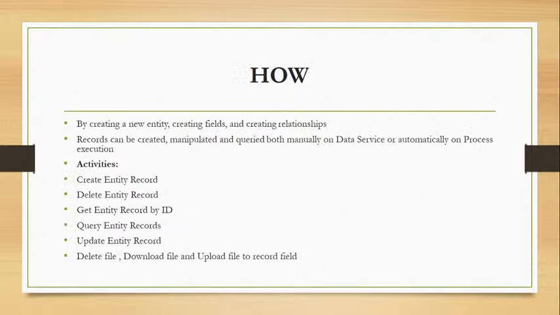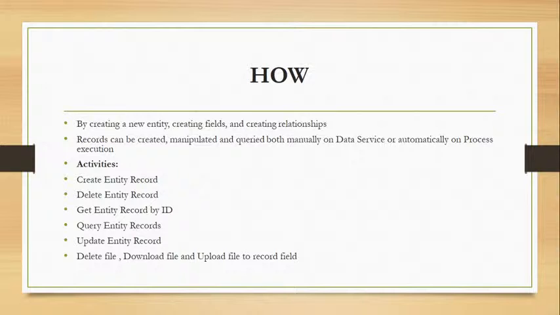Next, how can we use this data service in our projects, and how can we use it in Orchestrator manually? The first thing we have to do is create a new entity in data service.